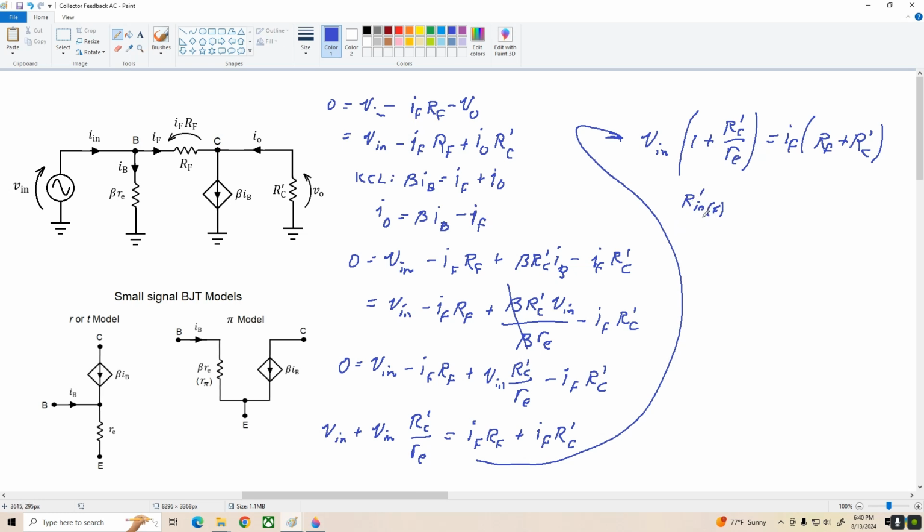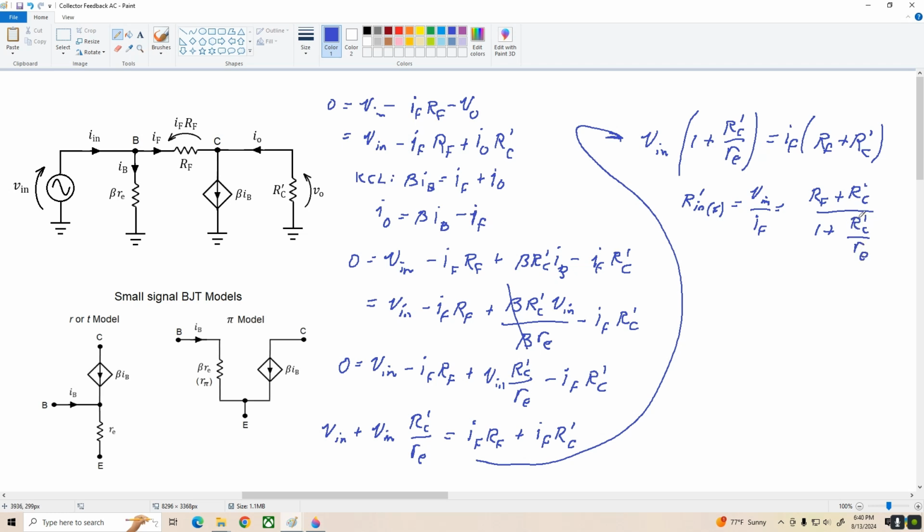So R prime in to the feedback resistor is equal to Vn divided by I sub f, and that's going to give us Rf plus R prime c divided by 1 plus R prime c over little re.